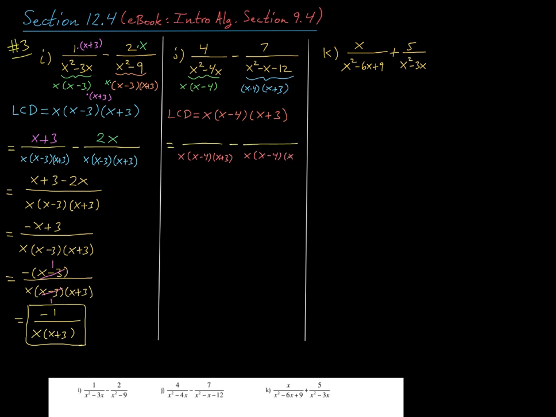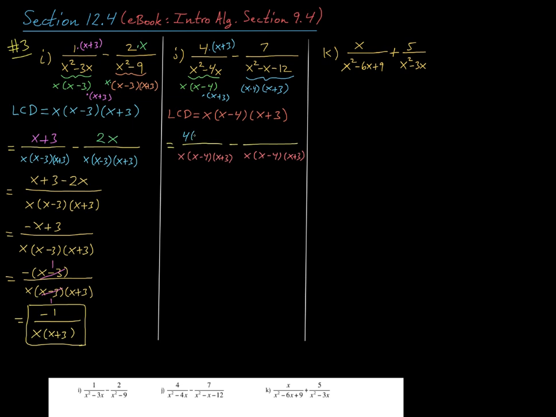And to do that, we just figure out, well, what's missing. So for the first fraction, I'm missing the factor of x plus 3. So I'm going to have to multiply this numerator as well by the x plus 3.